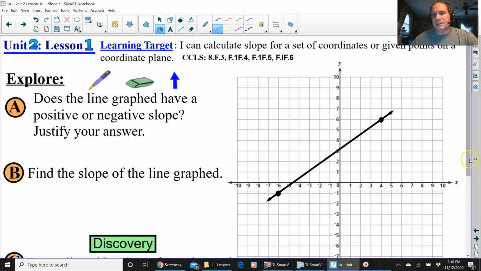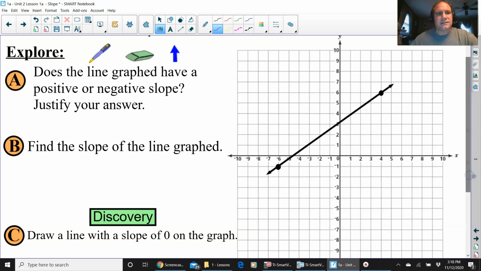All right, let's see if we can explore this. This is a line that is graphed, so we are not using y2 minus y1 over x2 minus x1. We are using, and let me just write it down now, rise over run. Okay, so does the line graphed have a positive or negative slope?